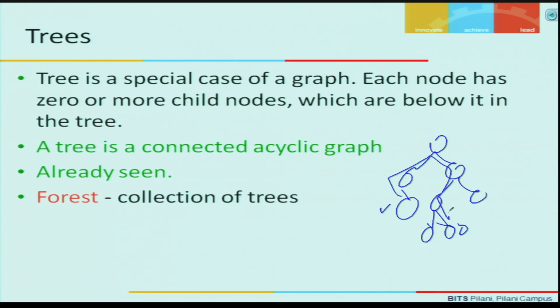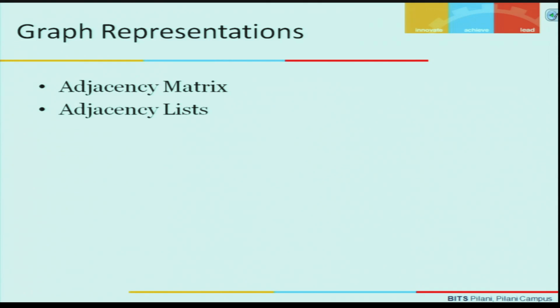We also see that in a tree there are no cycles. Therefore, a tree is a connected acyclic graph. So, any connected acyclic graph is a tree. If you have a collection of trees, we will say if my graph is all this put together, so it is a collection of trees, we call it a forest.